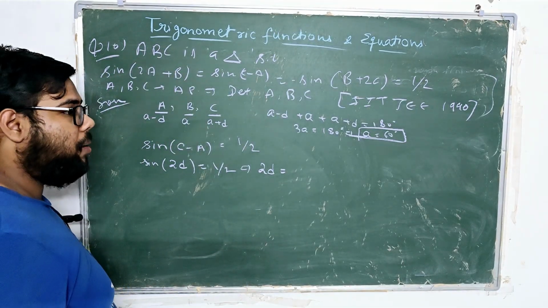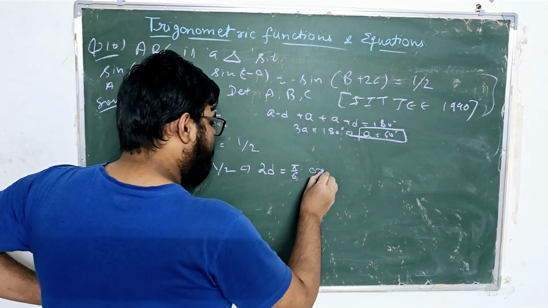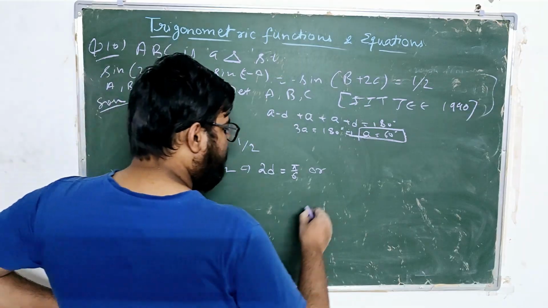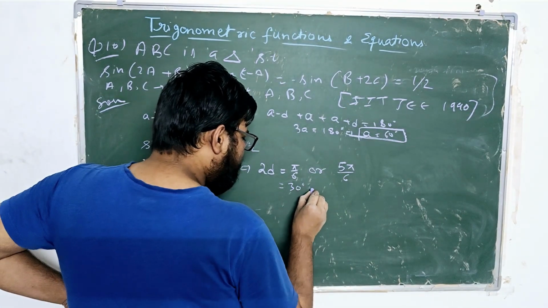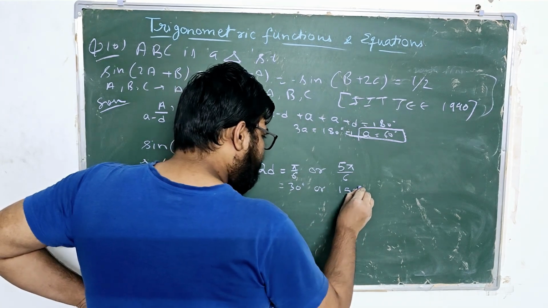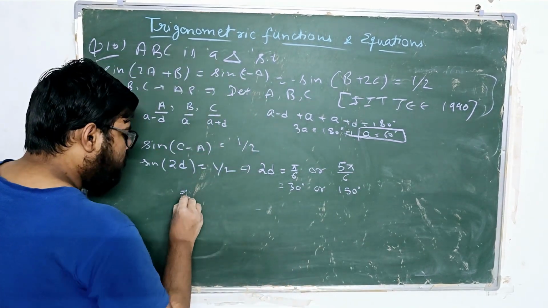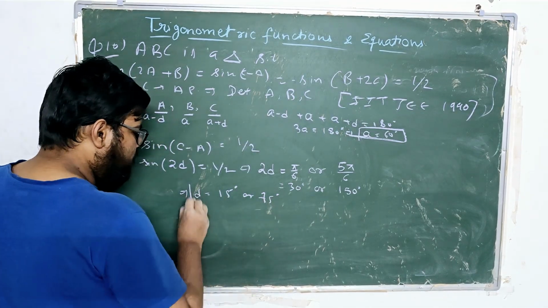Pi by 6 or 5 pi by 6, that is 30 degree or 150 degree. Okay, let's first of all check. So we get D is equal to 15 degree or 75 degree.